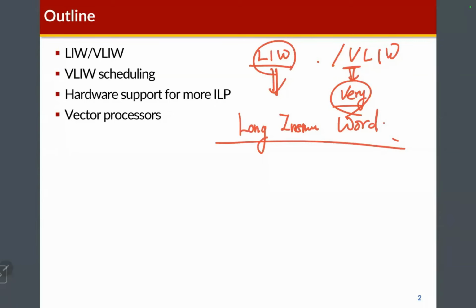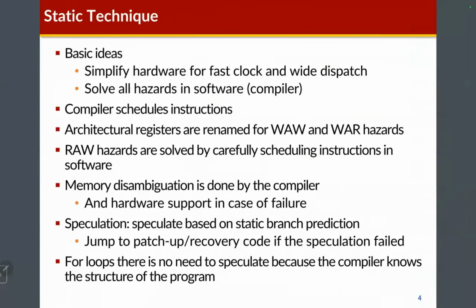So I think it would be very good if we learned about some techniques or some architectural ideas in LIW or VLIW processor architecture. Okay, let's see the main features of this LIW or VLIW architecture. So what is the basic idea?